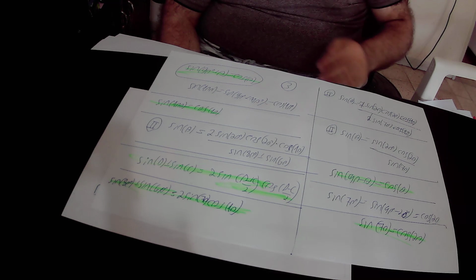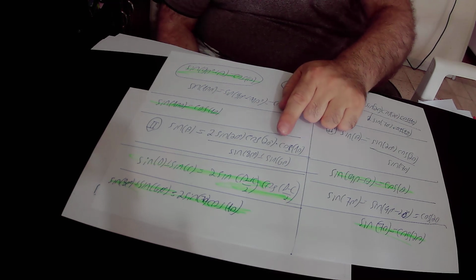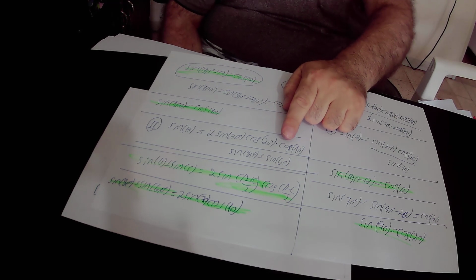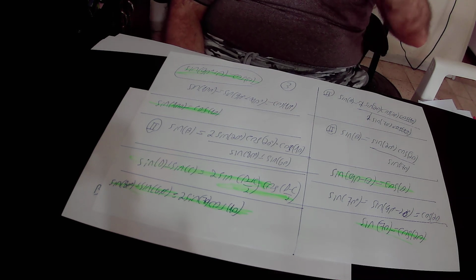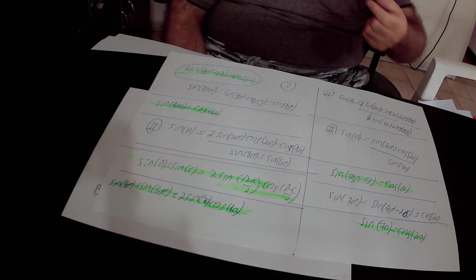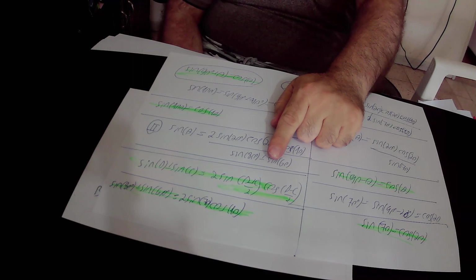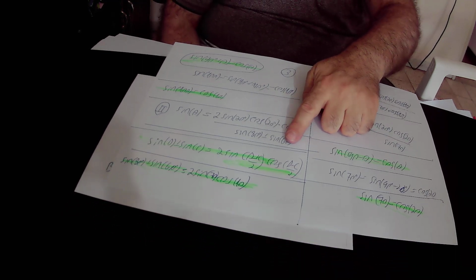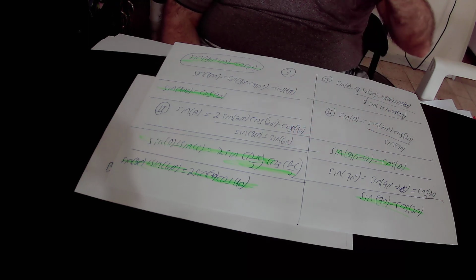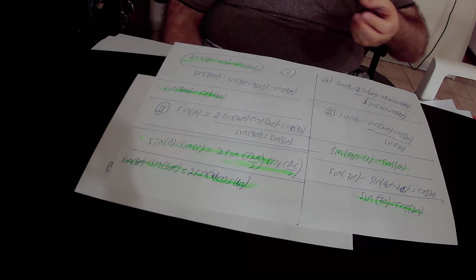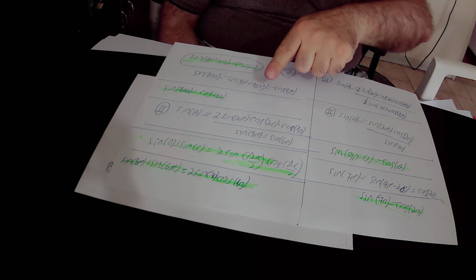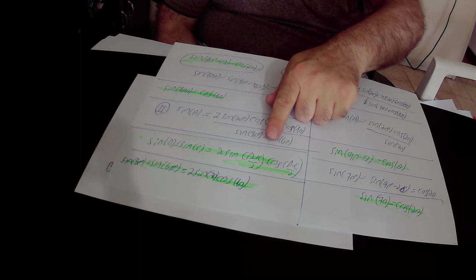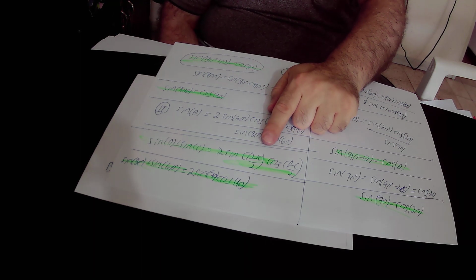Here we have a trigonometric identity for the value of sine 80 degrees plus sine 60 degrees. The trigonometric identity states that sine d plus sine c equals 2 times sine of (d plus c) over 2 times cosine of (d minus c) over 2. So according to this identity, sine 80 degrees plus sine 60 degrees will be equal to 2 times sine of (d plus c) over 2.